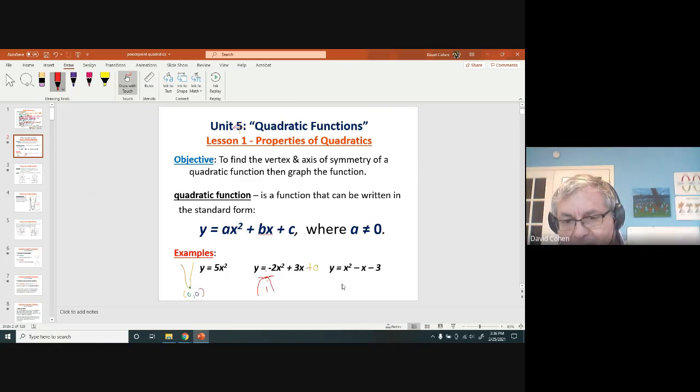Here we've got a positive, so a smiling parabola, but it's shifted so that the y-intercept is at 0, negative 3. We would have to factor this to figure out where the vertex is. We'll get into that in just a second.